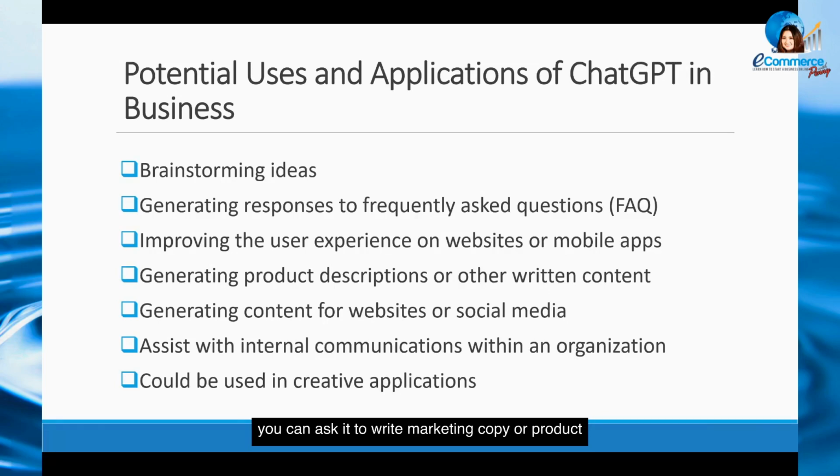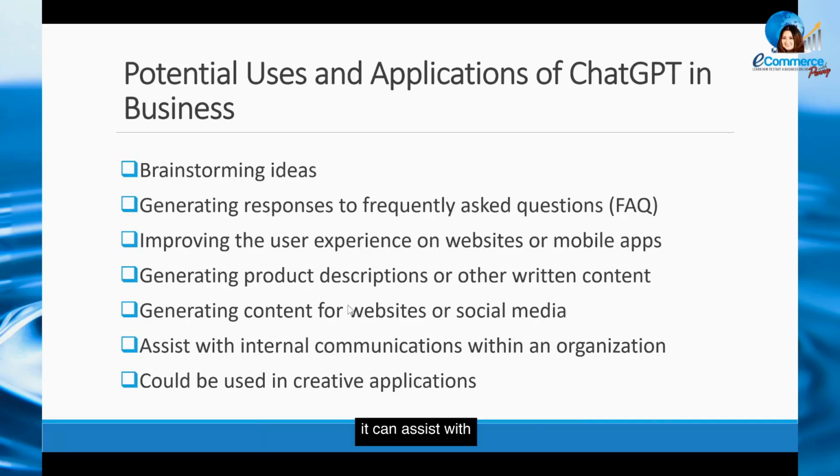You can ask it to write marketing copy or a product description for your product, and then you describe a bit what your product is, and it will be able to help compose the product description for you. It can generate very quickly and efficiently. For content for websites and social media, it will help businesses easily create engaging and interesting posts.